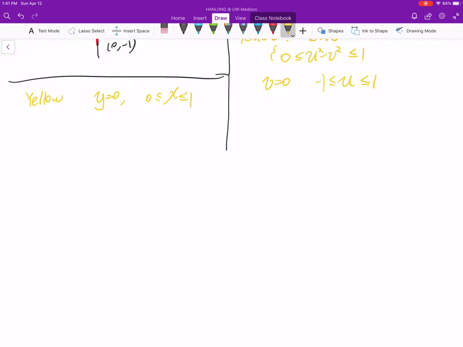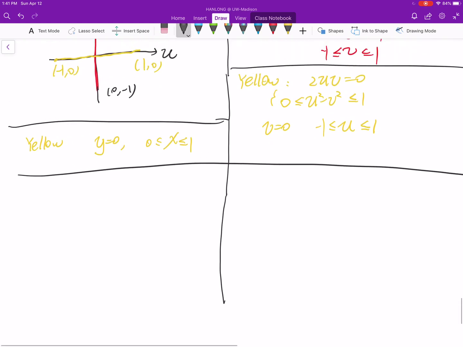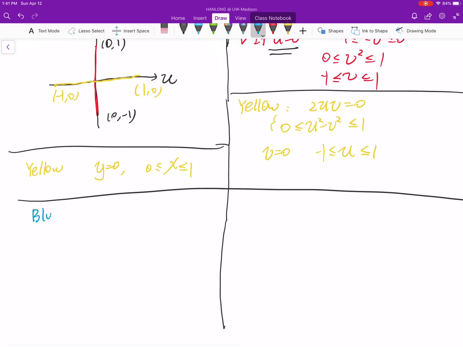Okay, then let's look at the blue one. So the blue curve on the left-hand side is given by y squared equals 4 minus 4x.